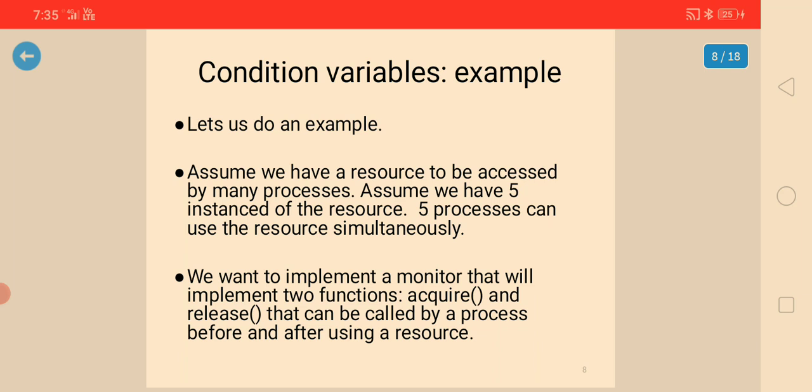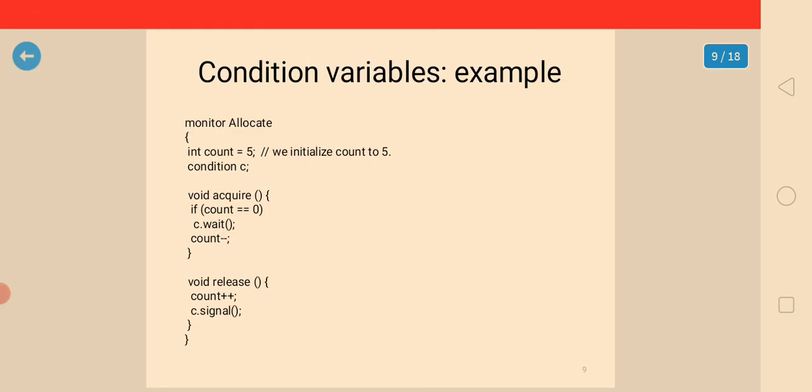We are using these 2 functions in the monitor, acquire and release, which can be called by a process before and after using a resource. So condition variable example here, monitor allocate, integer count equal to 5.